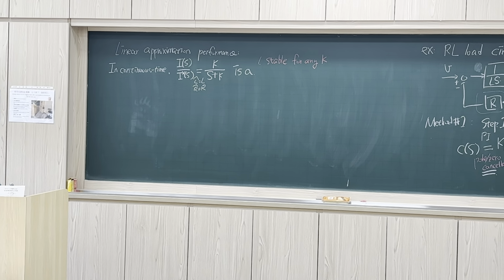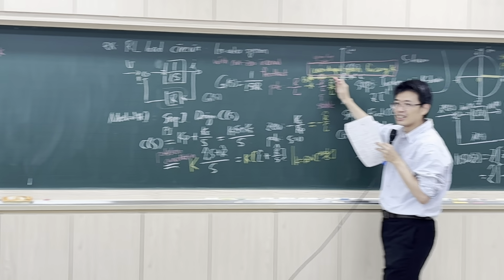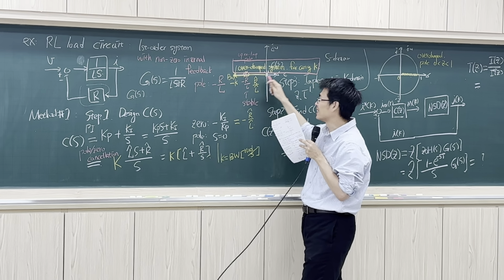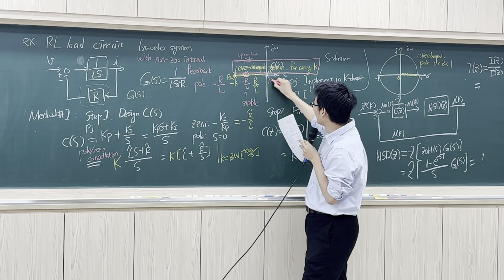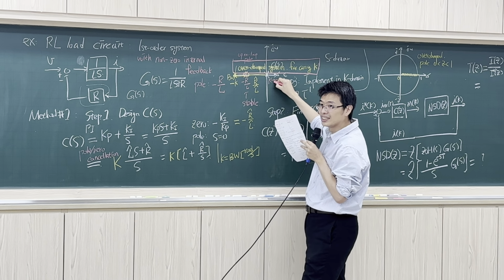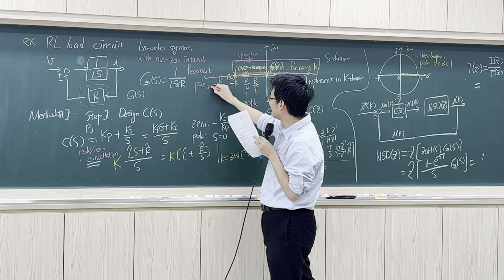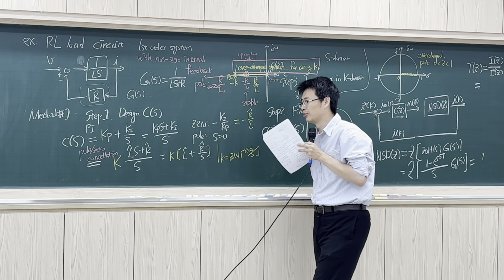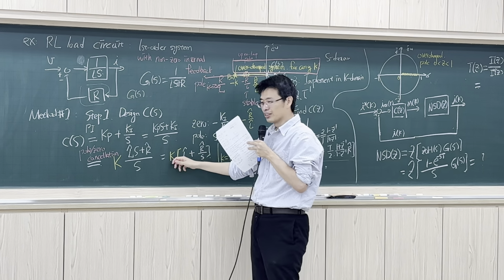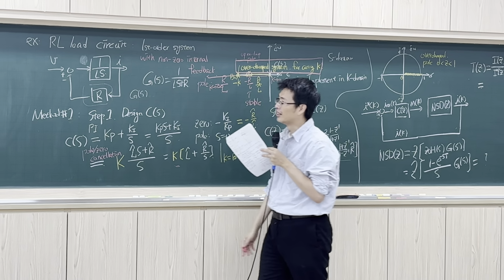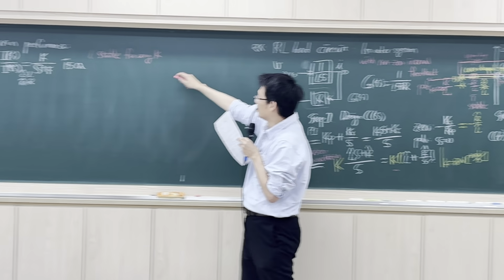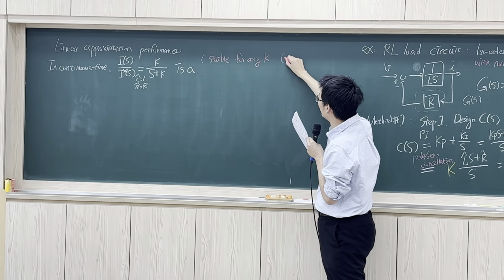It should be stable for any control parameter k, from k close to 0 to k close to infinity. No matter which k, it should always be a stable system.